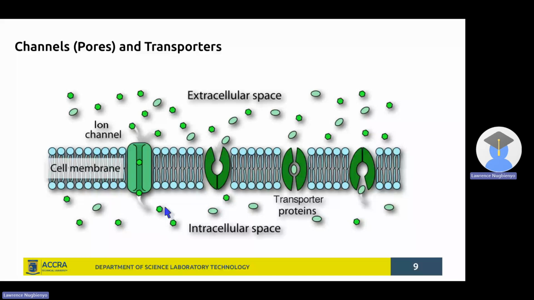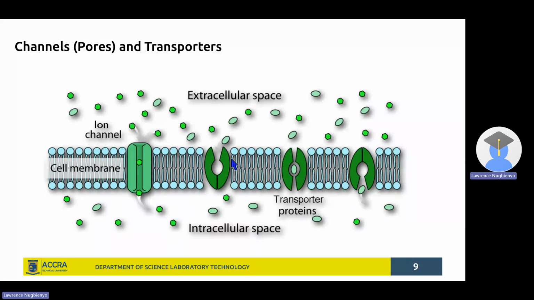Then we have what we refer to as transporters, protein transporters. If you take a look, you realize that this ion channel, or these ion pores, do not have what we refer to as the mechanism we're seeing here, some kind of a gating.